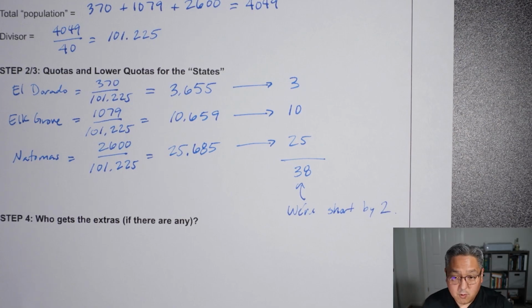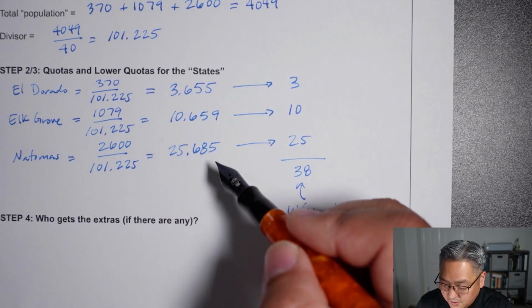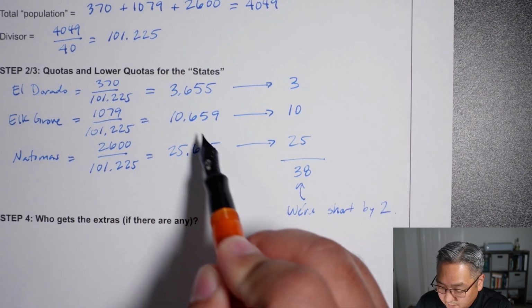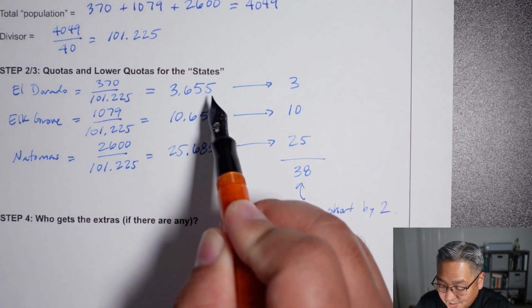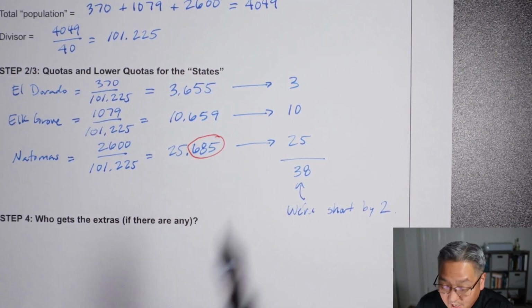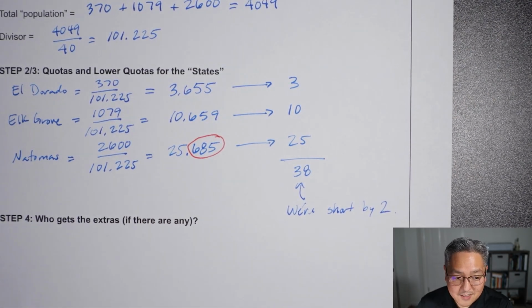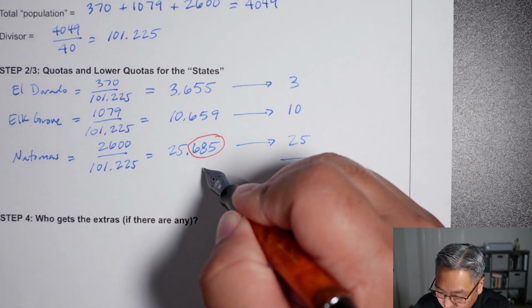And before, when we had to find out who got the extra, we looked at the decimal values. So we looked first for who has the highest decimal value out of these 3. 685, 659, 655. 685 is the first highest value, so that's the first extra.